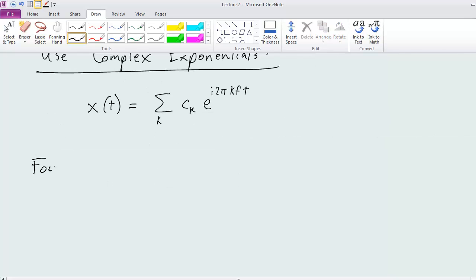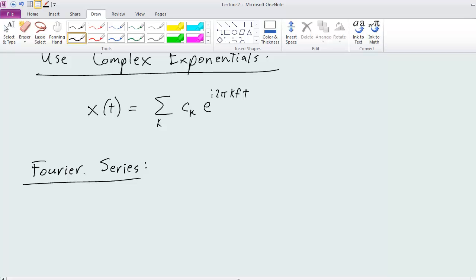So we call this the Fourier series. So let x of t, we'll do it in continuous time first. We're going to come up with a series of coefficients, and here's how we calculate.